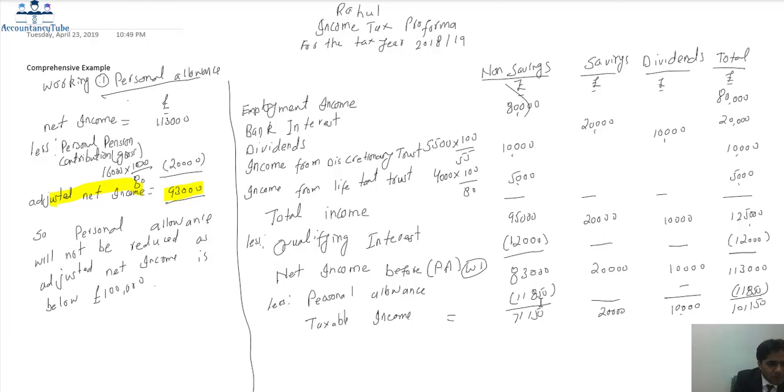Right, so working two, child benefit charge. Here you will have to state everything which I have just told you.